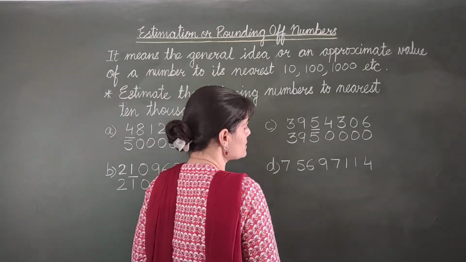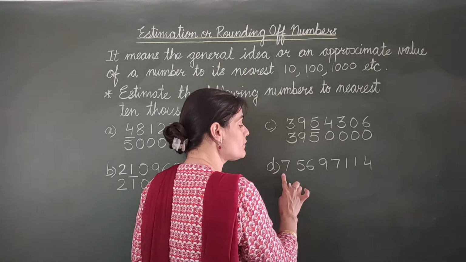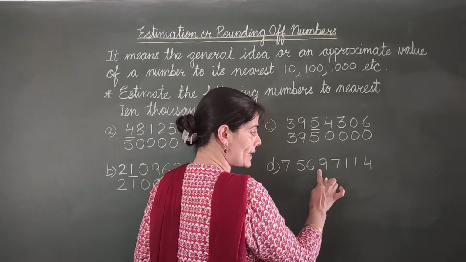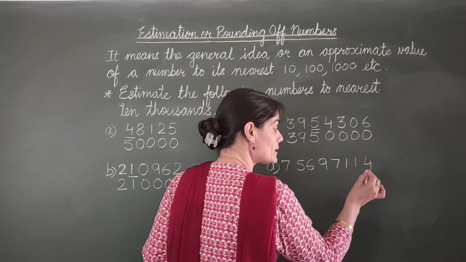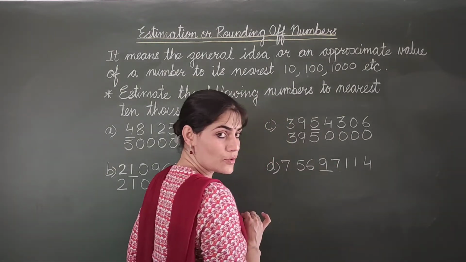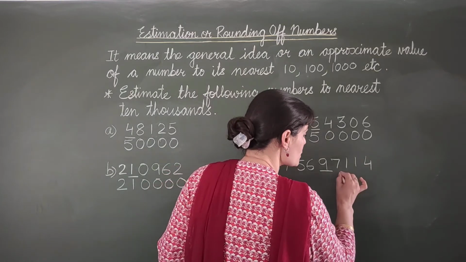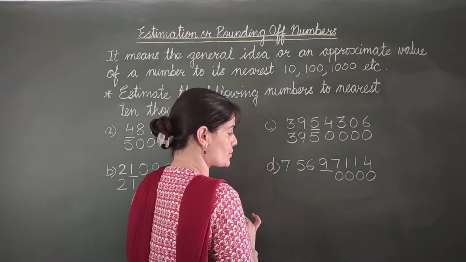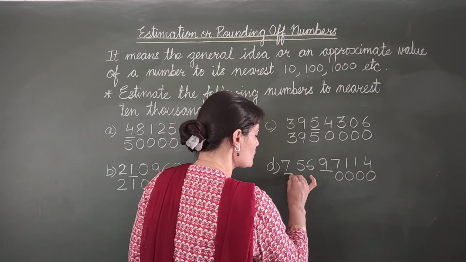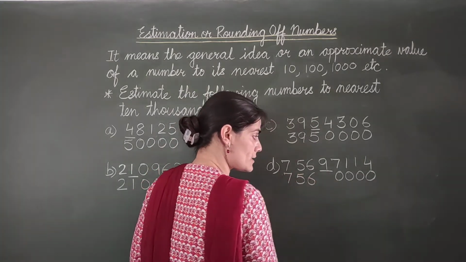In this part, we are given the number 7 crores 56 lakhs 97,114. I underline the digit at 10,000s place and replace all the digits at smaller places by zeros. And the digits at larger places are written as it is.